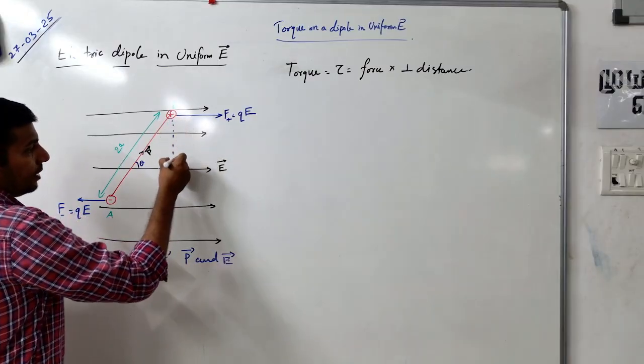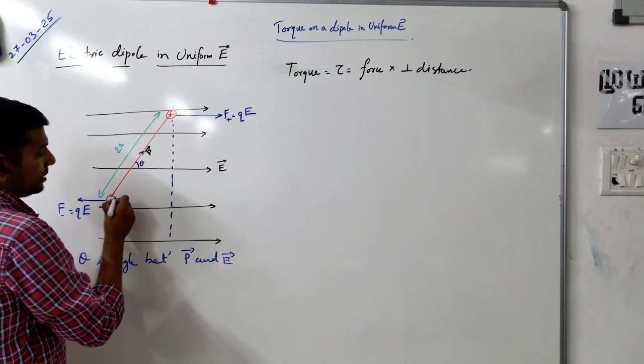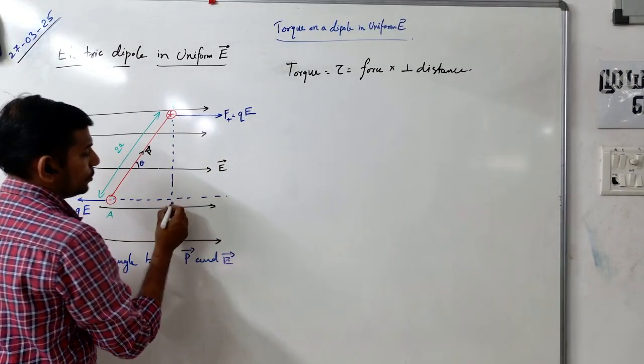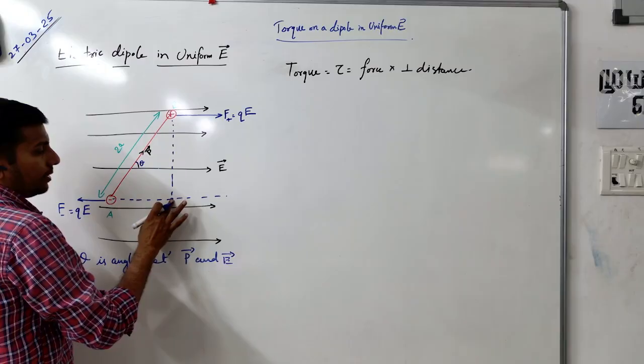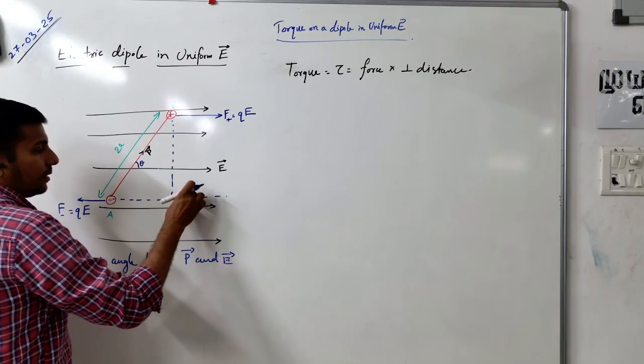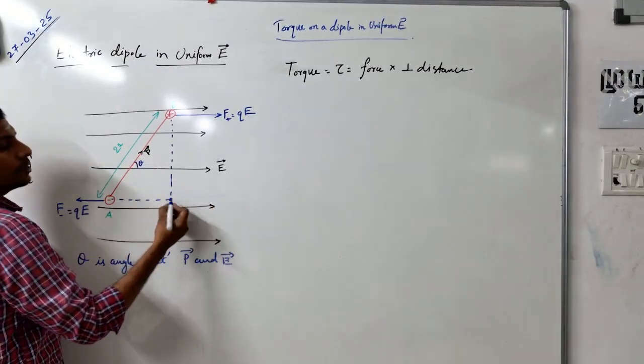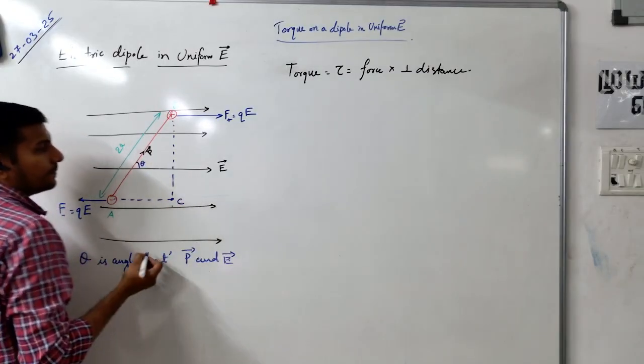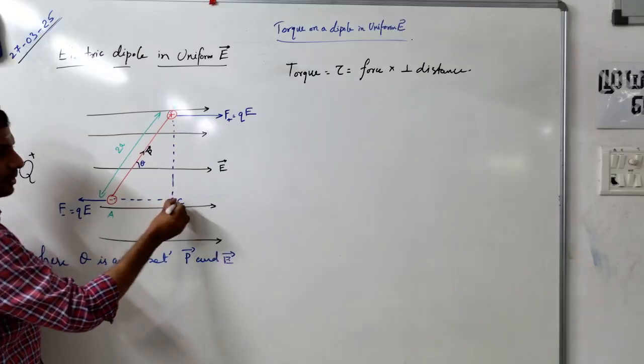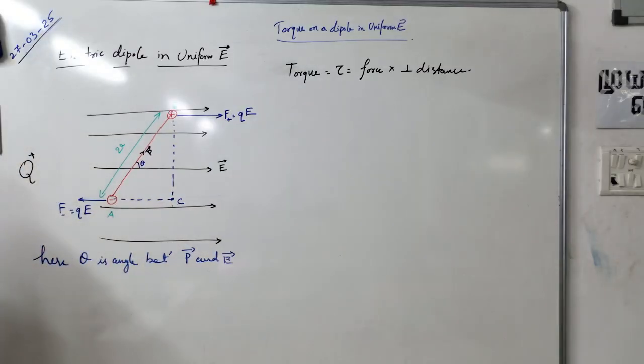If I just take dotted lines, these two dotted lines are meeting at a point. This point is called point C. So BC is the perpendicular distance.